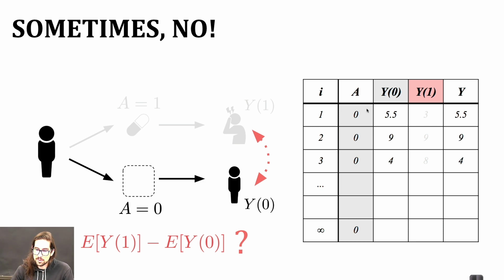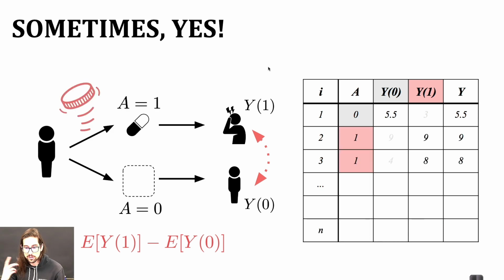Because here's an example of a data generating process where A is always 0, and it's impossible to do what we're trying to do. But here's an example where it is possible, and I'll show you why. Presume that the treatment is randomized, that whether or not somebody gets this exposure, I decide by flipping a coin.